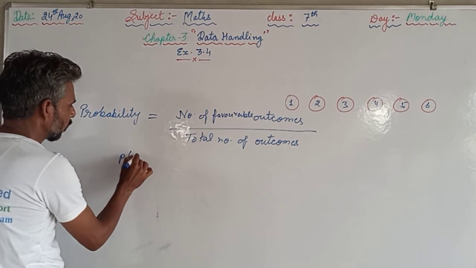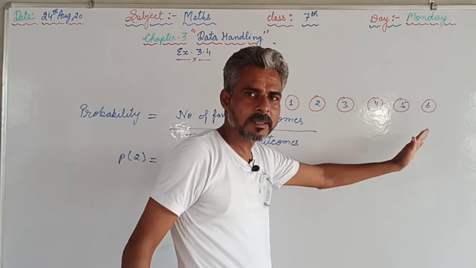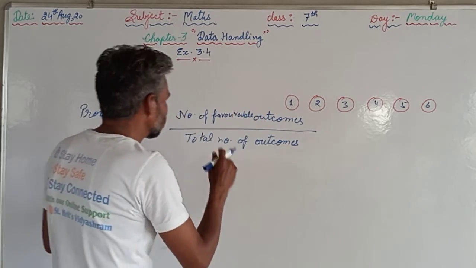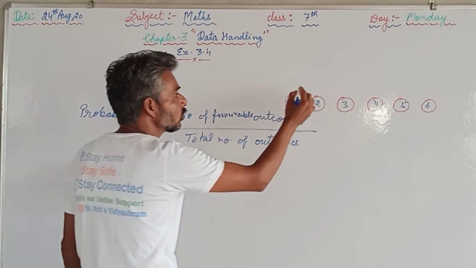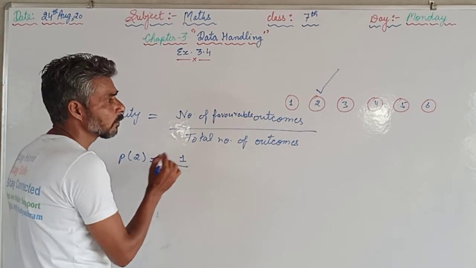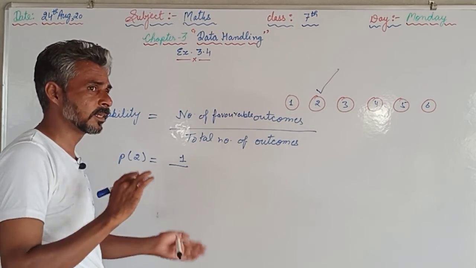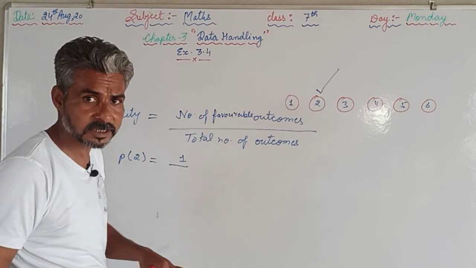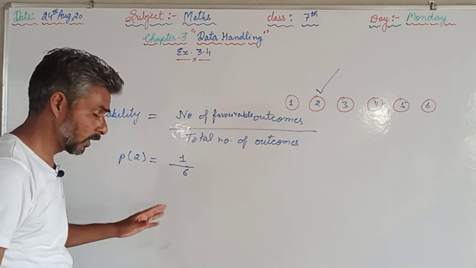Here 6 marbles are there, and we choose at random. So probability of getting 2. How many marbles are there with 2? Only 1. So the favorable outcome is 1, because we have to choose only 2. The total number of outcomes is 1, 2, 3, 4, 5, 6. मीन्स 1 भी आ सकता है, 2 भी आ सकता है, 3 भी आ सकता है, 4 भी आ सकता है, 5 भी आ सकता है और 6 भी आ सकता है. So the total number of outcomes is 6.